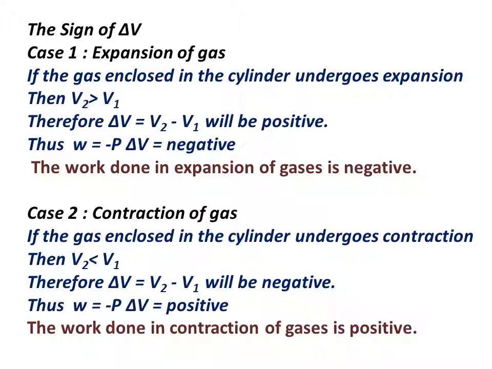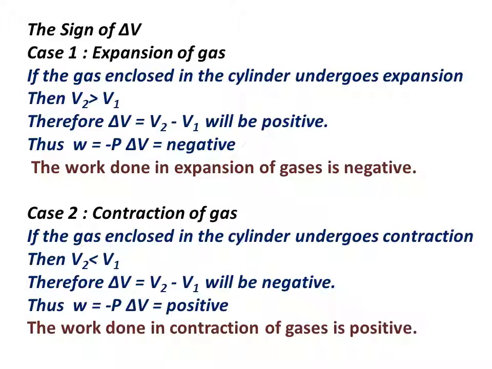And our equation says that work done is equal to minus P delta V. Because minus P is there and delta V is negative, on multiplying it becomes positive. So work done in contraction of gases is always positive. What is its implication?